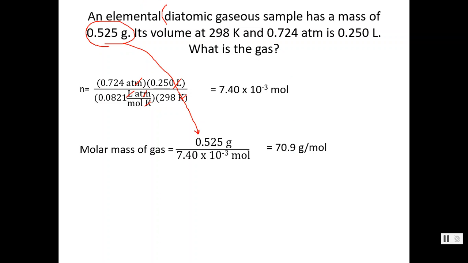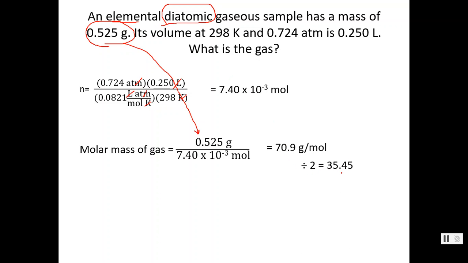Here is where this diatomic comes into play. If this elemental gas is diatomic, that means that the molar mass needs to be divided by 2. So when you do that, that gives you the molar mass for each element in that gas.